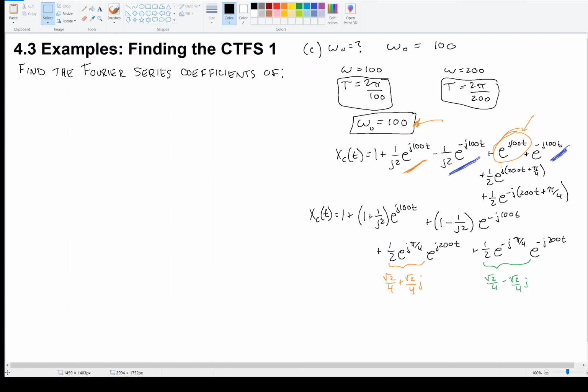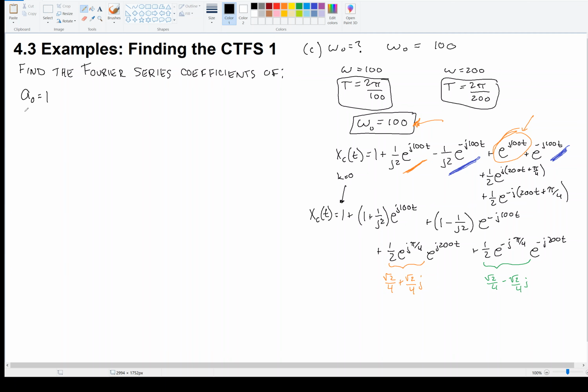So now, by inspection, I see, well, this is the A0 term here, right? In other words, this is times e to the 0, k is 0. So by inspection, I see that A0 is equal to 1. Now, this is the k equals 1 term because, again, the fundamental frequency is 100, so k equals 1.